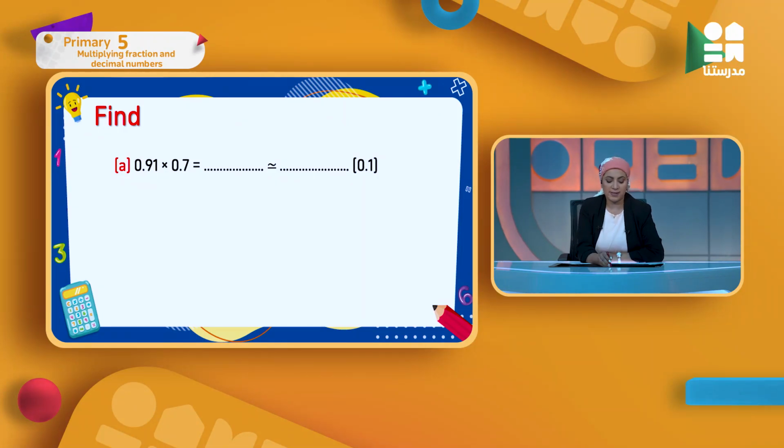7 times 1 is 7, and 7 times 9 is 63, and I have 3 digits after the decimal point. So I will count 1, 2, 3, and then I put the decimal point after the 6, then I add 0. Now I want to approximate it to the nearest tenth, or the first decimal place.